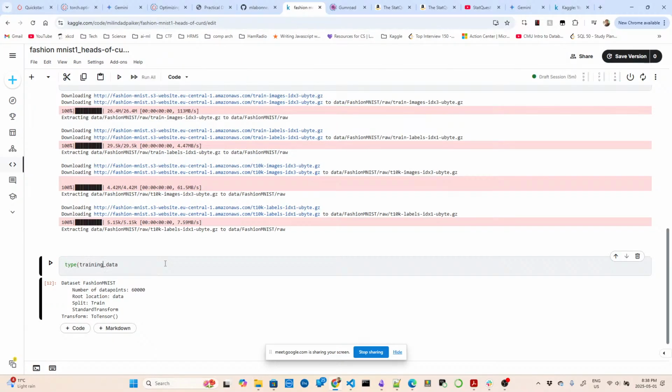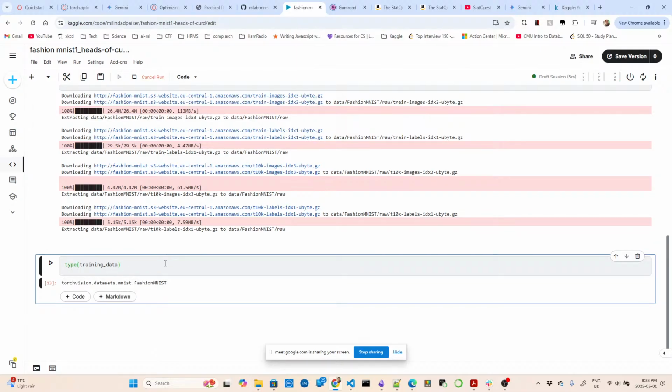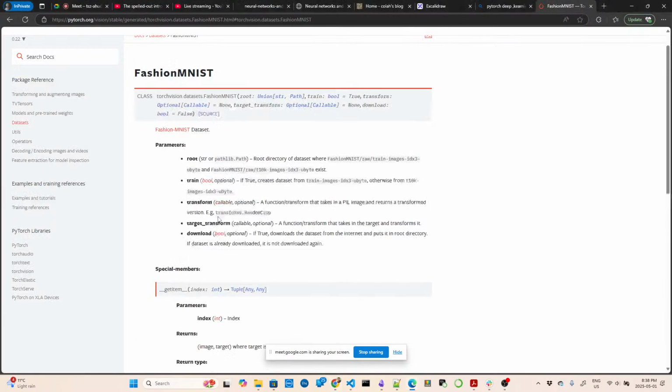So you can use a function to just show what training data 0 is. Like it will show you a boot or something.